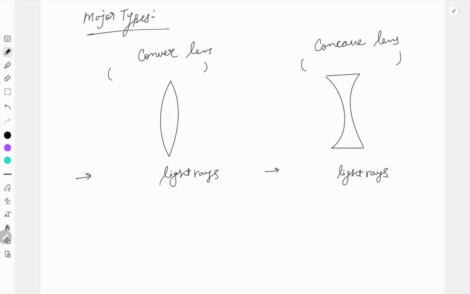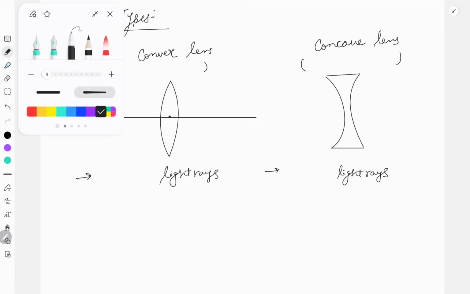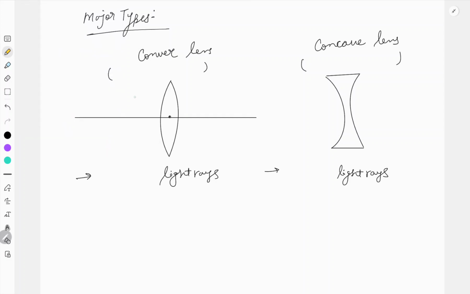Okay, now when we shine a bunch of rays towards our convex lens, right? So let's say this is the middle point of our convex lens. Let's say this is a line that passes through the middle point, right? Now if I take a light ray parallel to this particular line that is going through the middle point, then we see that it converges the light.